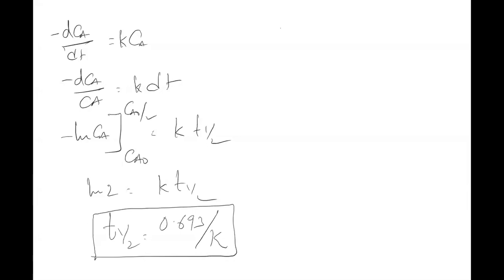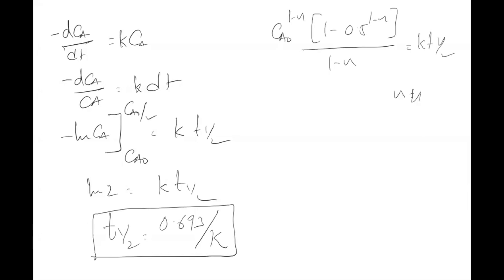If you carefully observe the reactions, this is n not equal to 1, and this is n equal to 1. What is the difference in these two expressions?